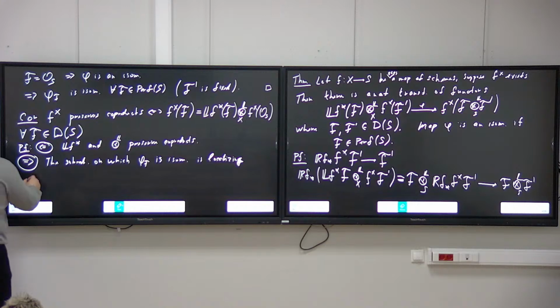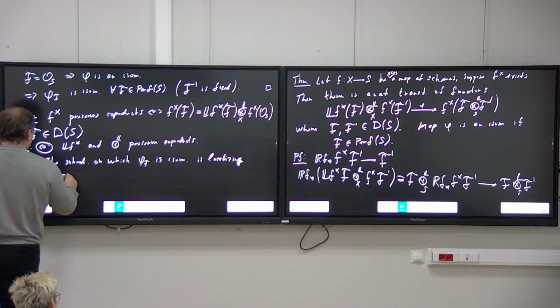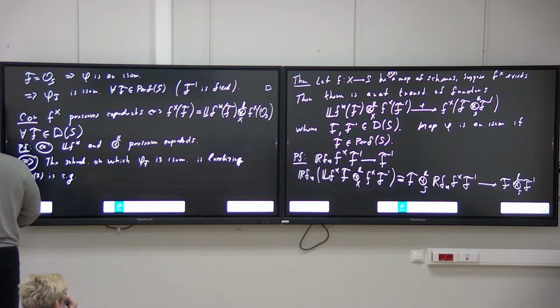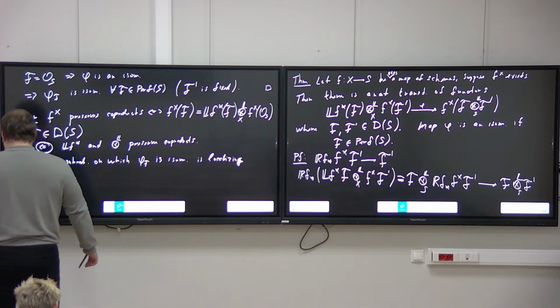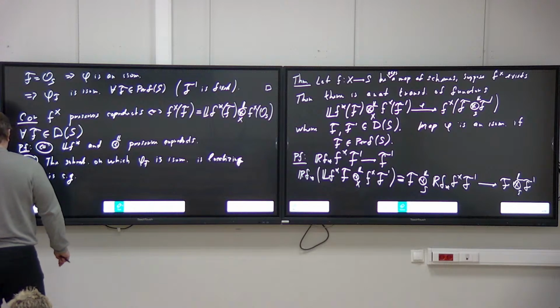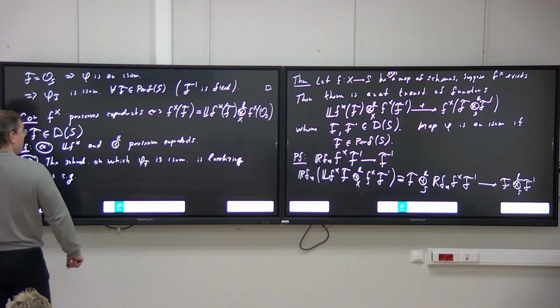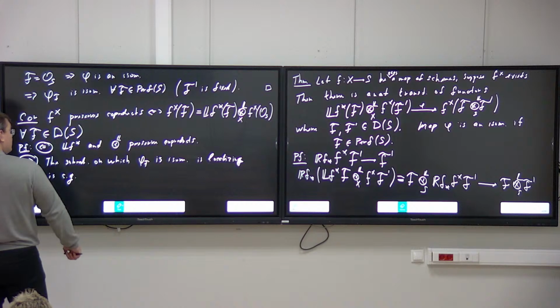Well, we use that the D of S is compactly generated. So it's a localizing subcategory, and the category is compactly generated.